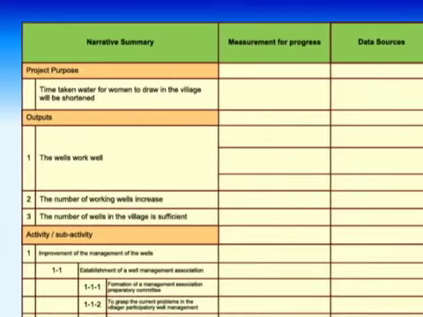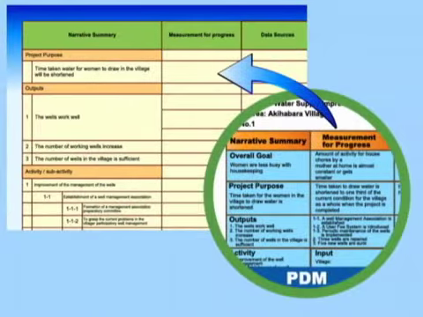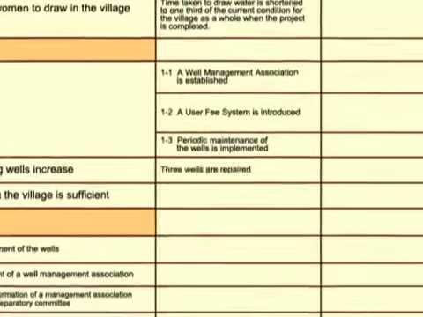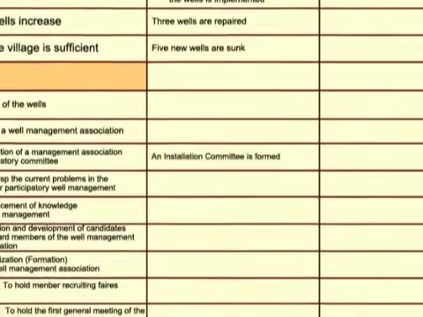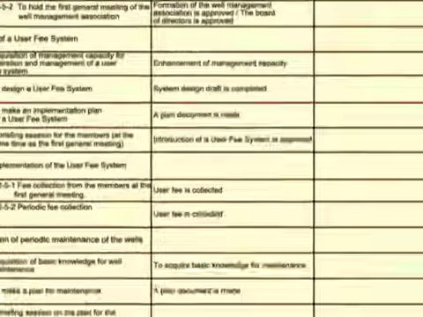Measurement for progress for project purpose and output should correspond to the measurement for progress set in the PDM. As measurement for progress for activity, each sub-activity should have an indicator to show progress of its direct outputs.